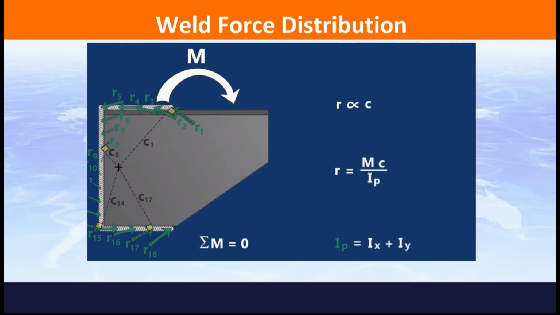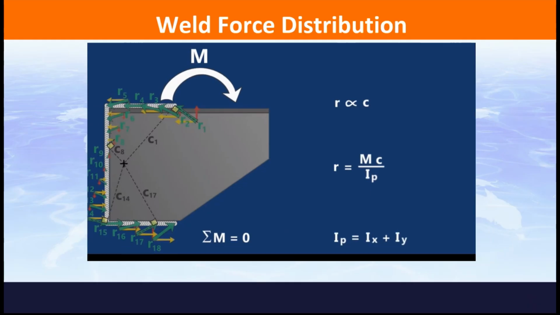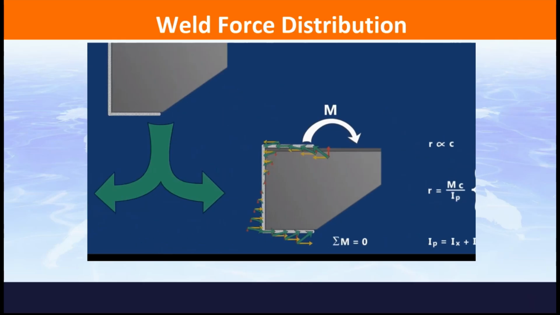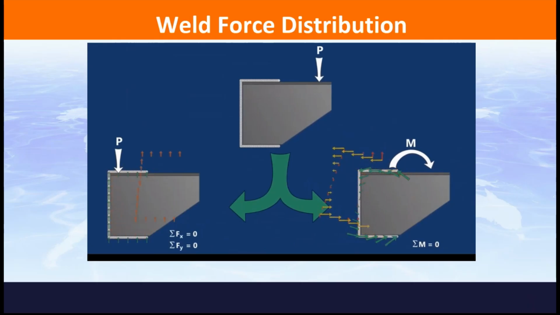We can split the polar moment of inertia into the X and Y direction, in this case, the vertical and horizontal. And so our Ix and Iy can be derived from the horizontal and vertical distances. Hence our Rx is the moment multiplied by the distance divided by I. And you combine them together to find out what the total, the maximum force, is in the weld. Hopefully the weld capacity can eat that up without any trouble.